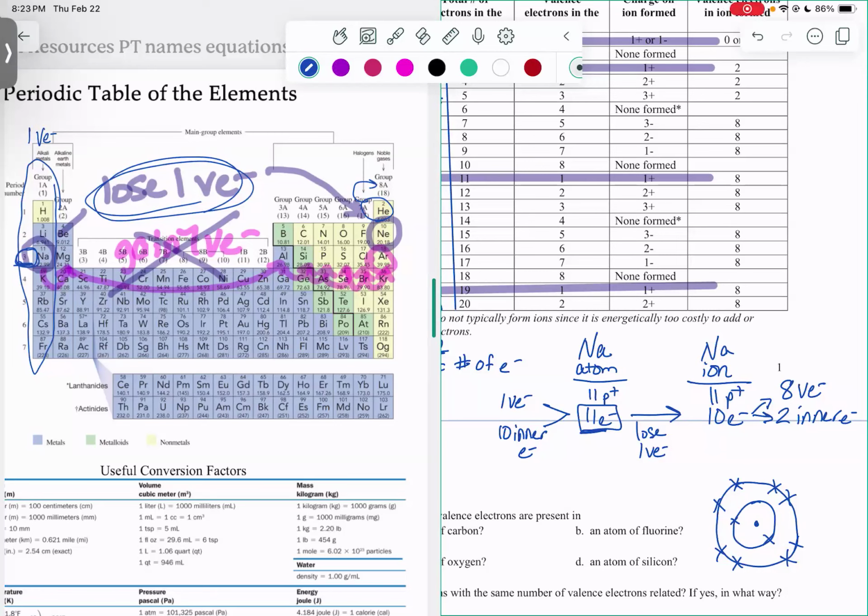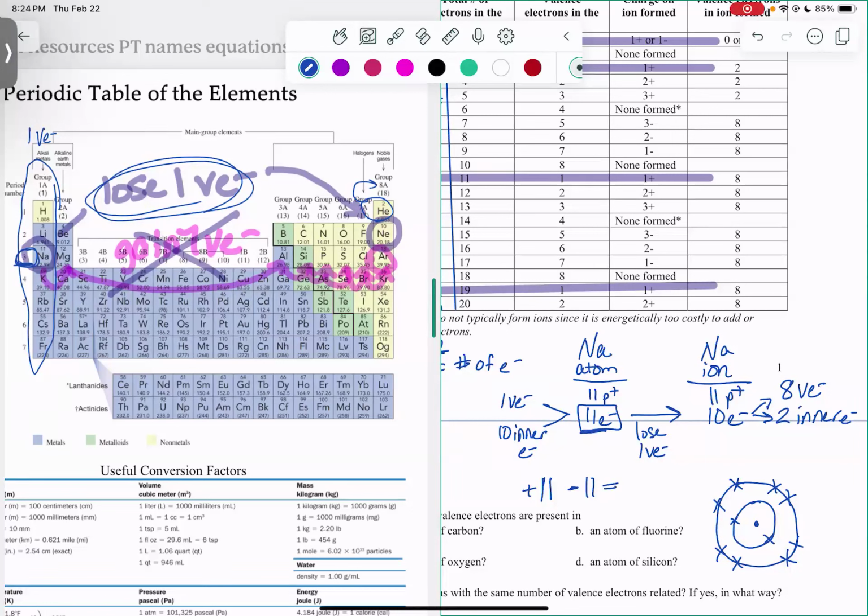Okay, so now we talked about the sodium atom and we talked about the sodium ion. What I want to know is this sodium ion, what's its charge? If I had 11 positive charges in the atom, and then 11 negative charges, which is the electrons, the positive is the proton, the negative is the electron.